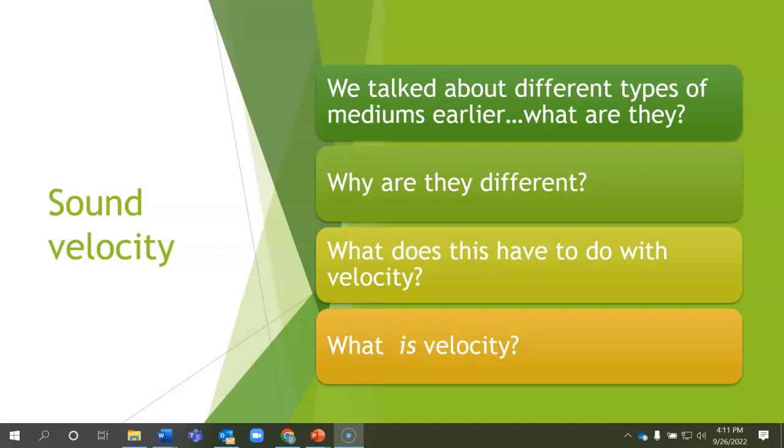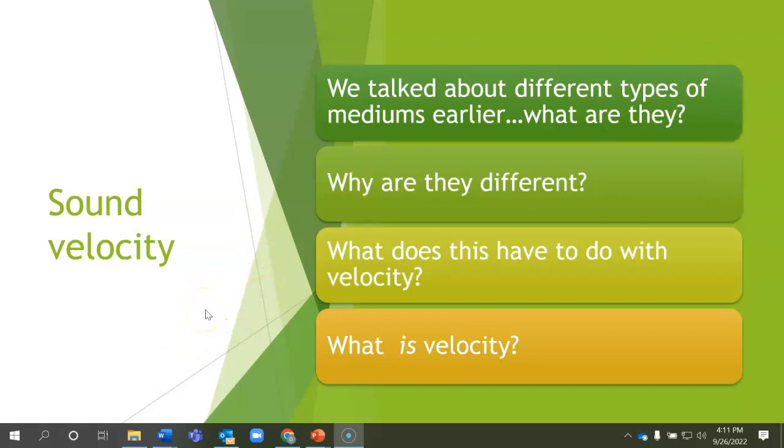Well, what is velocity? Basically, velocity is the speed of sound. Okay, so velocity is how fast sound moves through any type of medium. Okay, so we know that sound can move through a solid, a liquid, and a gas.